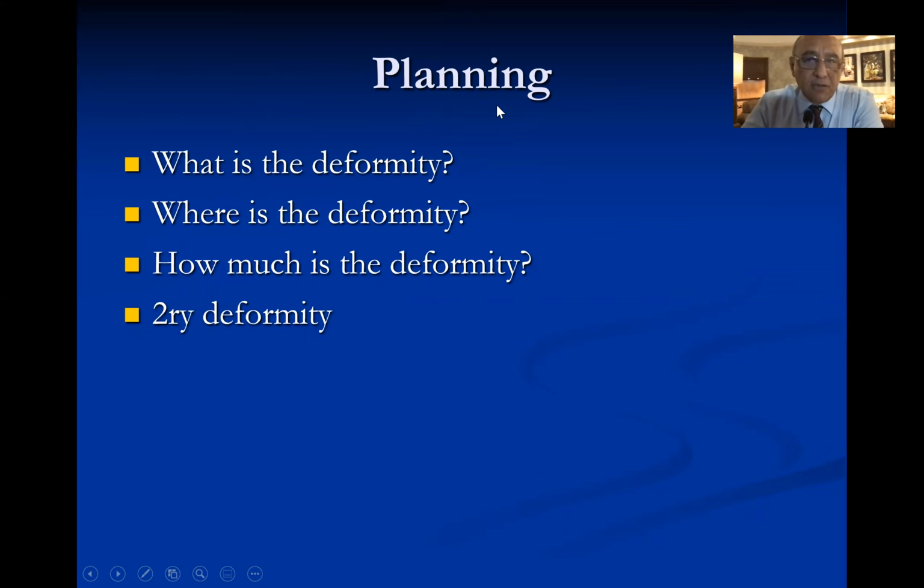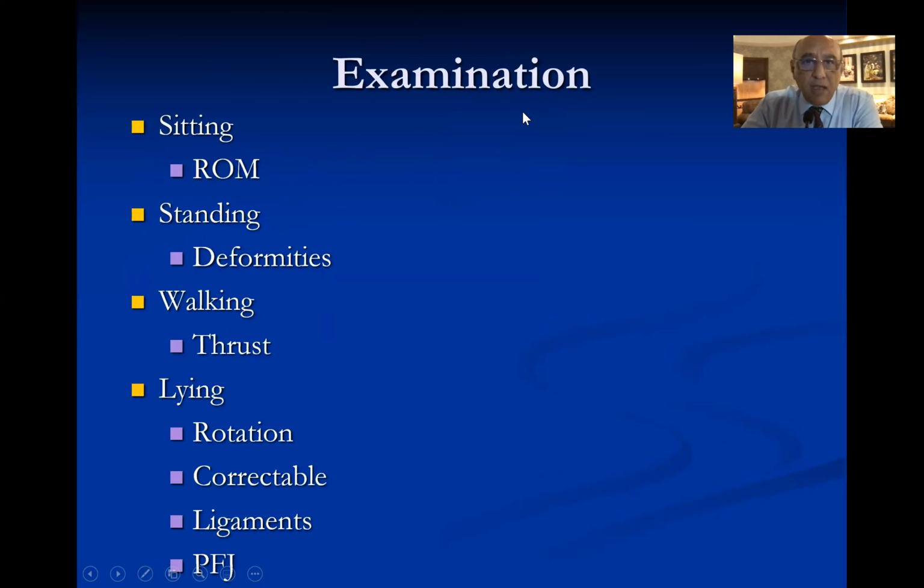Before planning and commencing the osteotomy, we need to know exactly what the deformity or deformities are, where exactly the deformity is, how much the deformity is in degrees, and if there is a secondary deformity which must be corrected. 90% of the data we need to know about osteotomies can be collected by examination. During sitting, you can get an idea about the range of motion of the knee and the muscle power getting up from the sitting position.